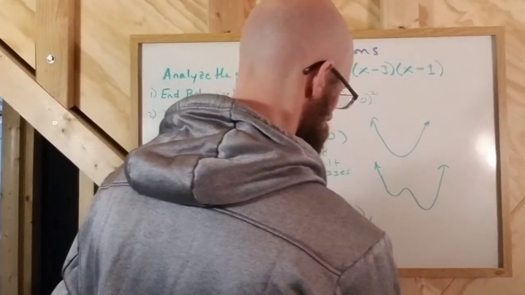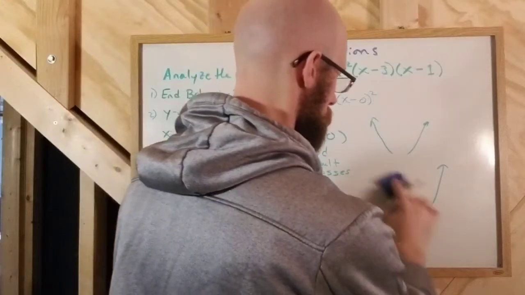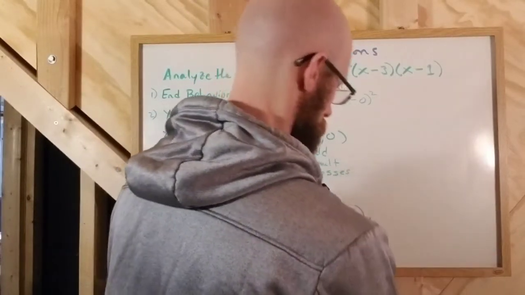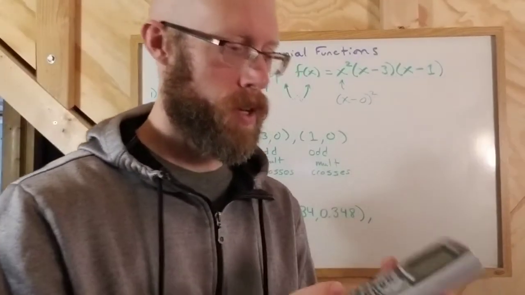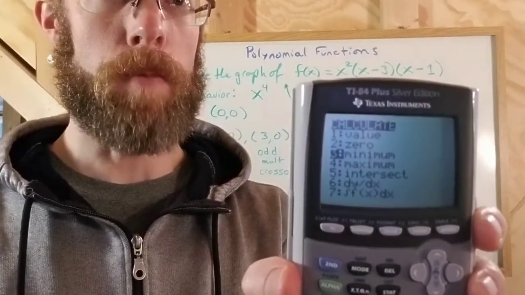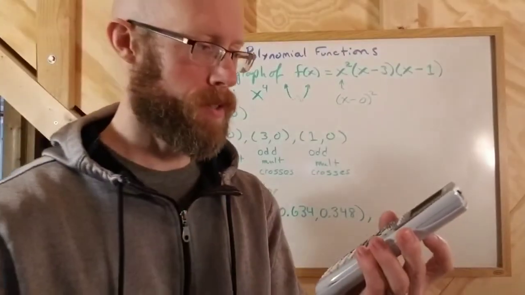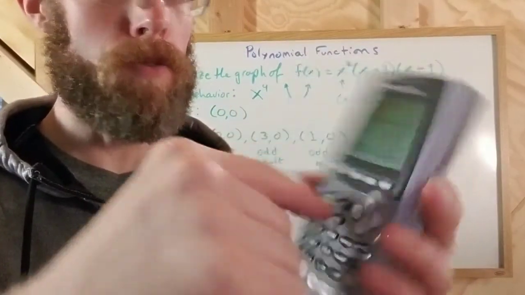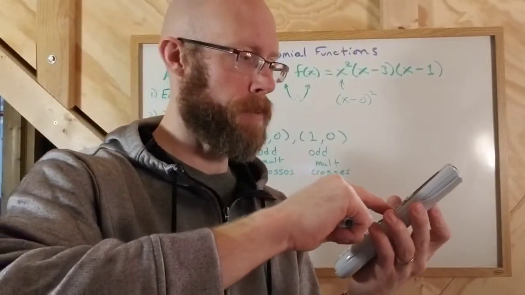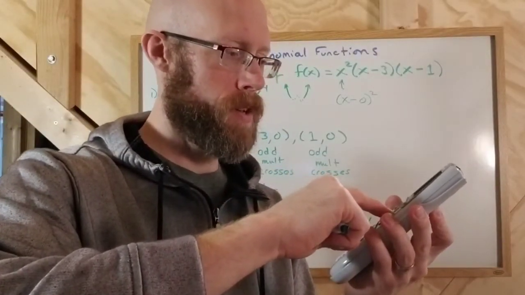And then the other one is found again going to my calculate menu, and this time selecting the minimum. Hit enter, and we're looking for that point way down at the bottom here, so I need to move my cursor over. Again, I need a left bound, a right bound, and a guess.